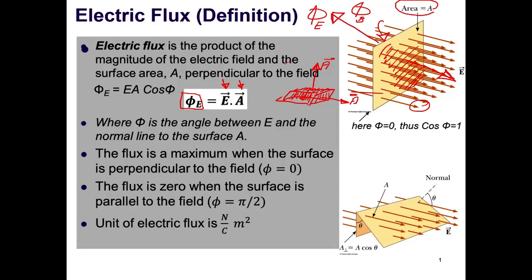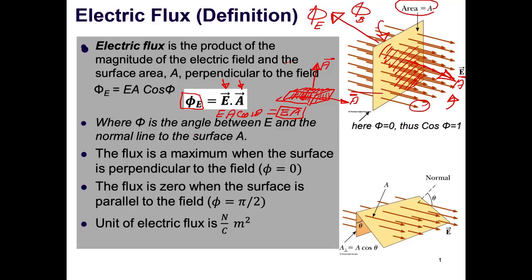For now, let's say we are only interested in calculating the flux from this side. In this case, area as a vector makes an angle 0 with the electric field, so it will be E multiplied by A cosine 0, which in this particular case is equal to EA.